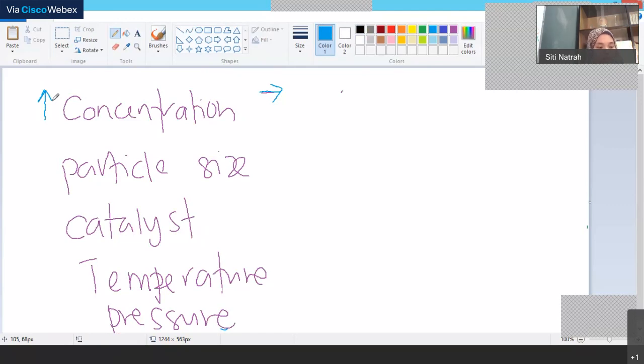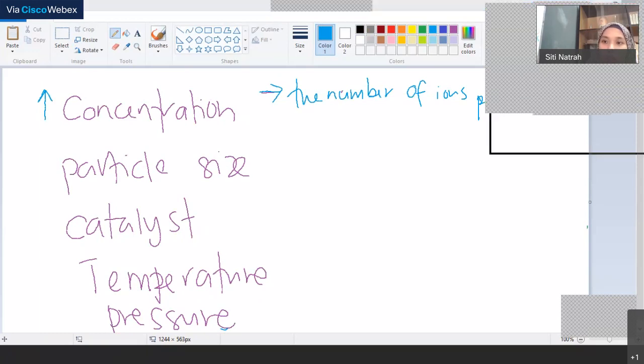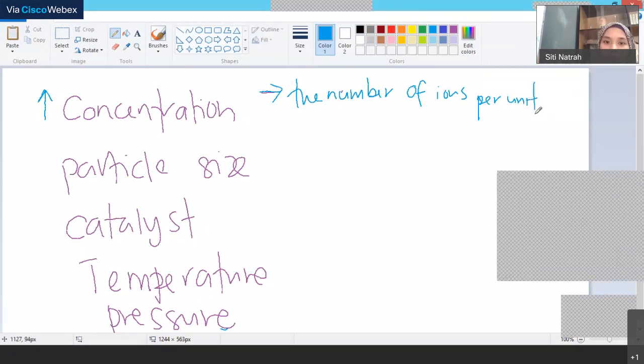So when the number of ions per unit volume increases, our rate of reaction also can be increased.